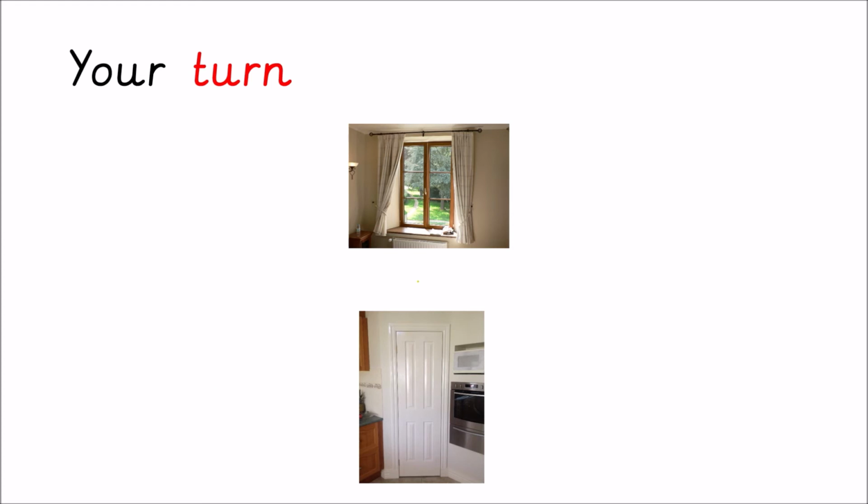But I know that if I start facing my door, this isn't my door, this is a stock image, and then I turn to face my window, I have to go in 1, 2 quarters. I would like you to try it and find out how many quarter turns it takes you to get from facing your door to facing your window. Have a go. Resume the video when you have finished.